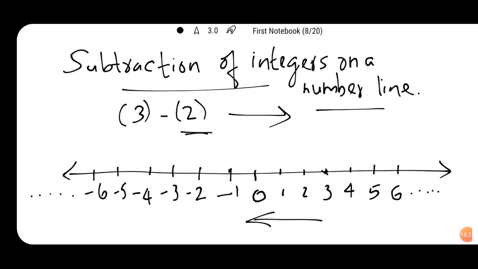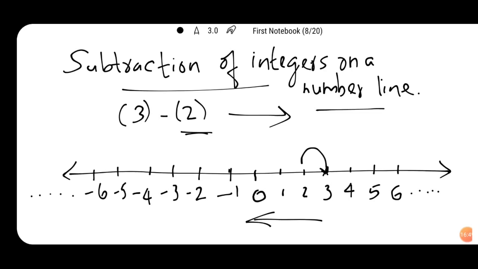But it is just opposite in the case of subtraction. If it is positive, we will move towards the left. Let's see. We will start from 3. Here it is 2, so we will do 2 jumps, towards the left, because 2 is positive.